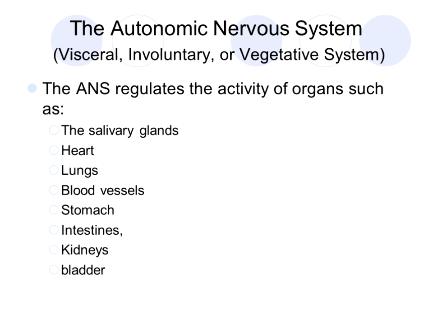So when we think about the autonomic nervous system, and all this is on page 36, the autonomic nervous system consists of visceral organs, involuntary, or it's a vegetative system. And it regulates the activity of all of these organs that we see listed here: your heart, your lung, your stomach, your kidneys, your bladder, and so forth.